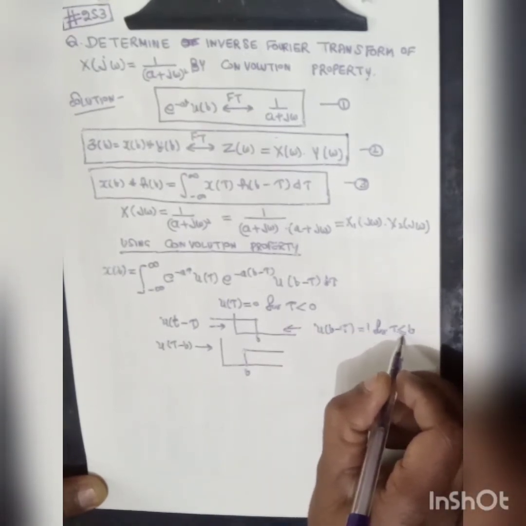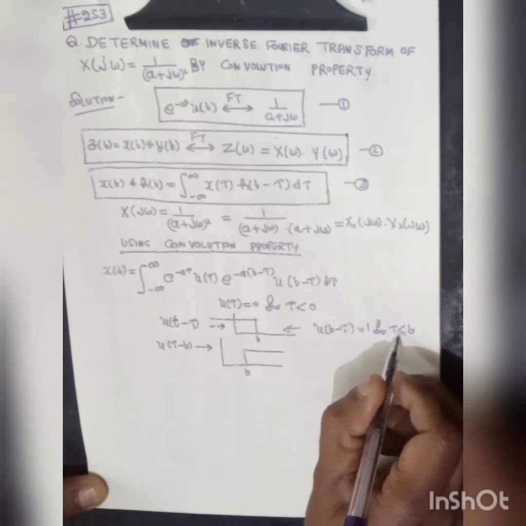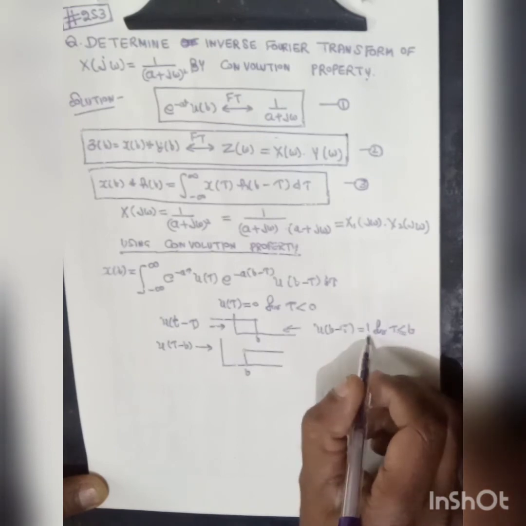When tau is less than or equal to t, then this signal will be 1.